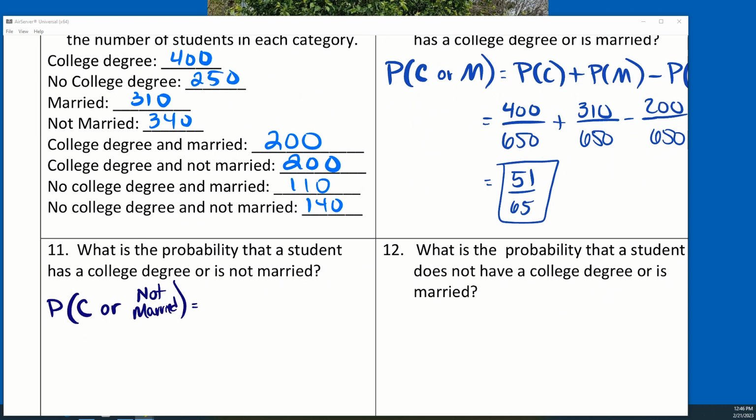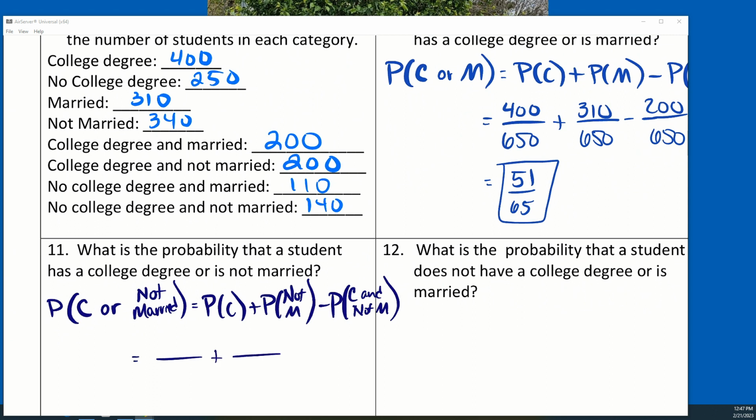That's okay. So we're going to do the probability of college plus the probability of not married minus the probability of college and not married. I know all those denominators are going to be 650 because there's 650 people in this.